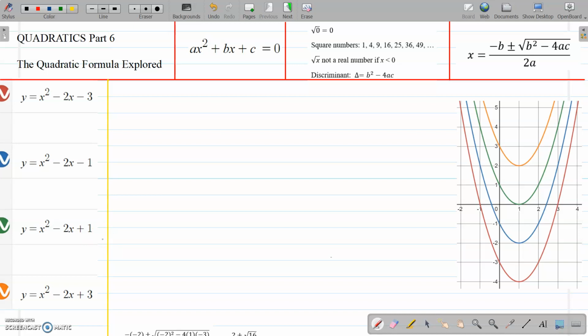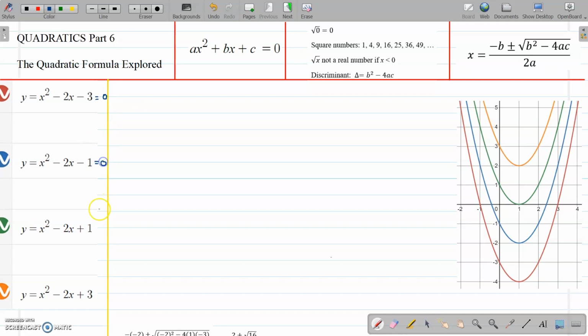Finally, I want you to notice the numbers of solutions that you see for the quadratic equations when y is set to 0. So consider the equations as being when y equals 0. For example, x squared minus 2x minus 3 equals 0, and so on.